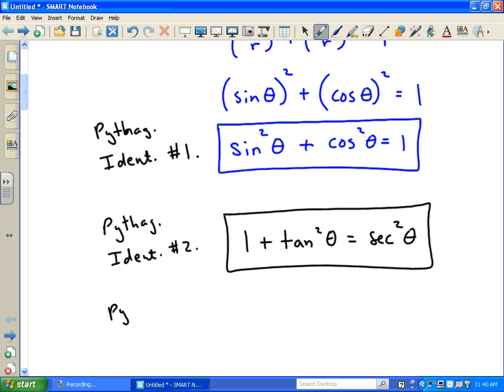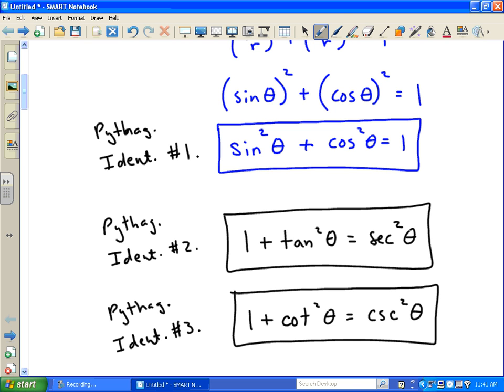And then Pythagorean identity number 3 states that 1 plus cotangent squared of theta equals cosecant squared of theta.